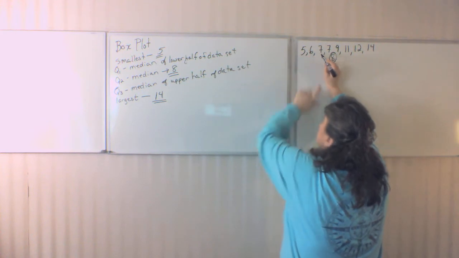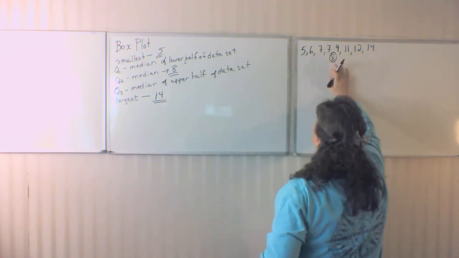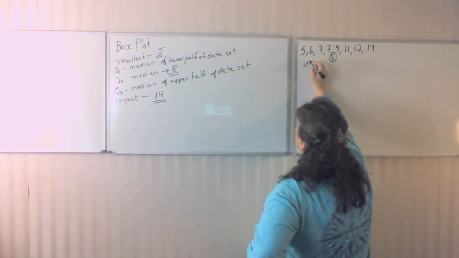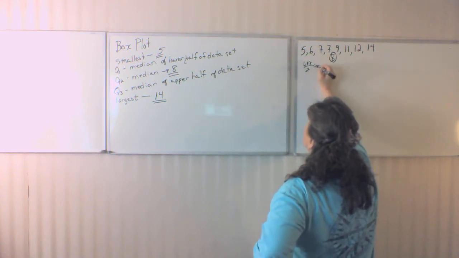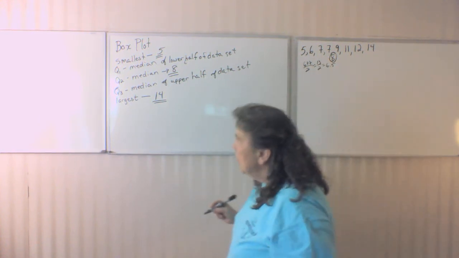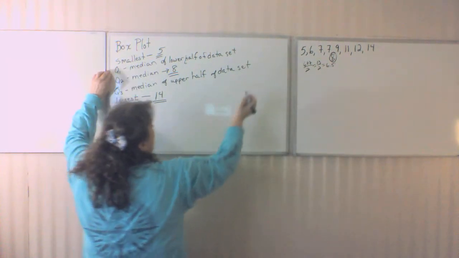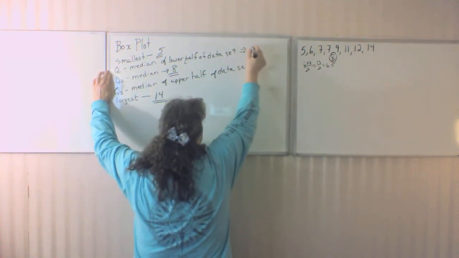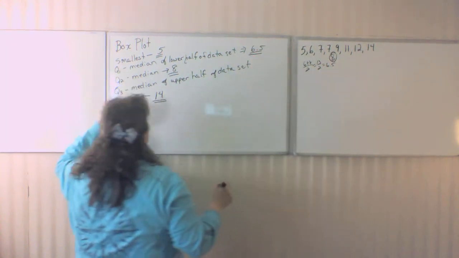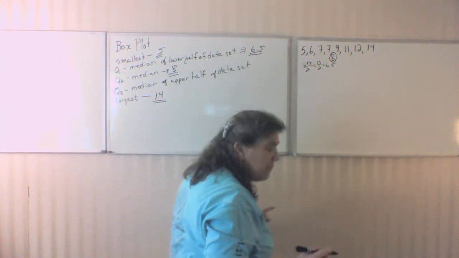So now we have 4 data points that are less than 8, and the median of that is between 6 and 7. So just like in figuring this median, you're going to go 6 plus 7 over 2, which is 13 divided by 2, which equals 6.5. So our median of our lower half is equal to 6.5. And then we're going to have a median of the upper half.